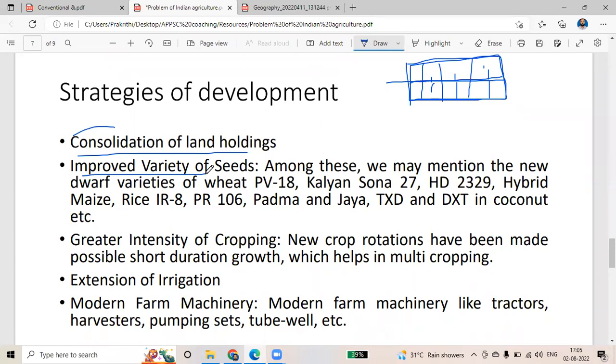There are a lot of varieties of seeds, PV18, Kalyan Sona, many for wheat. For rice, Padma, Jaya; for coconut, T into D, D into T. So there are multiple high yield variety crops. Their output is much higher and they are resistant to many geographical problems.